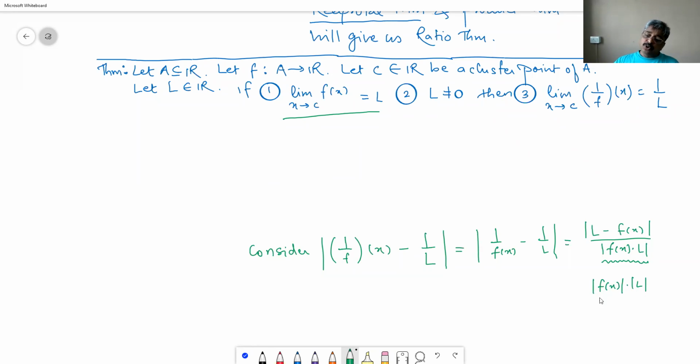However, for the absolute value of f of x, we are not sure what this is, because this is a dynamic quantity and it will depend on the value of x.